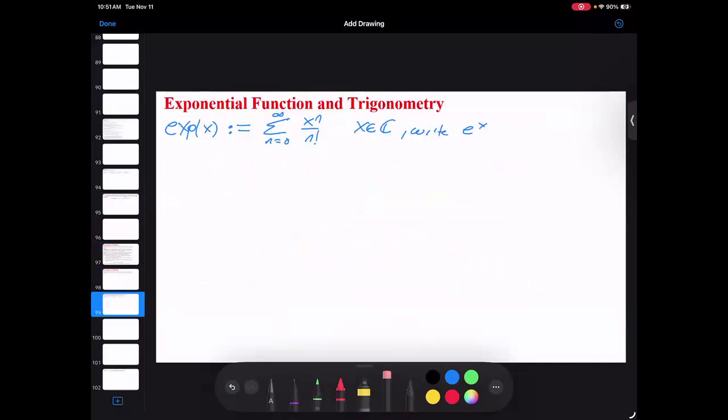Okay, I want to just spend a little bit of time today going over a few things that you should have seen, but maybe have not seen. Has everybody seen the exponential function? Okay. And so if I give you e to the x times e to the y, what does that equal?